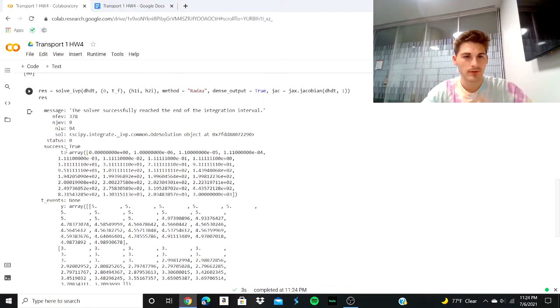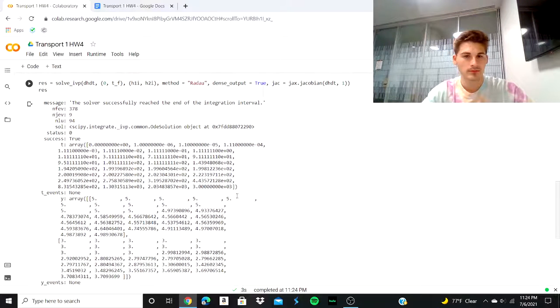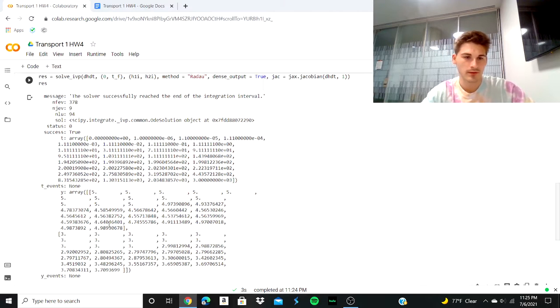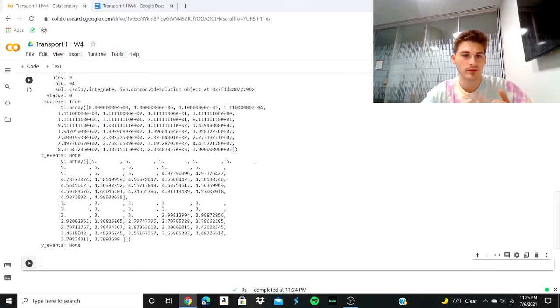And so you can see we have a time interval going from 0 all the way to 3,000, that's in seconds. And then we have our array here, which is the changing of the heights. So the height of our first tank is starting at 5, changing, and then the height of our second tank's liquid is starting from 3 and then changing, of course.